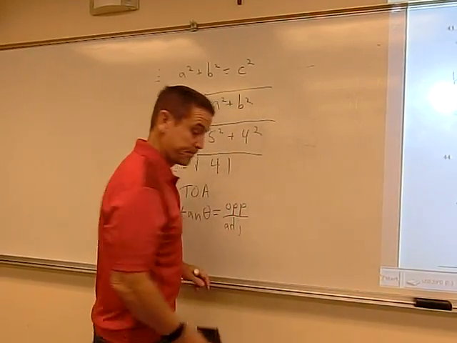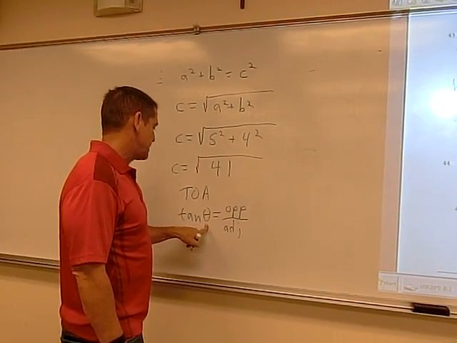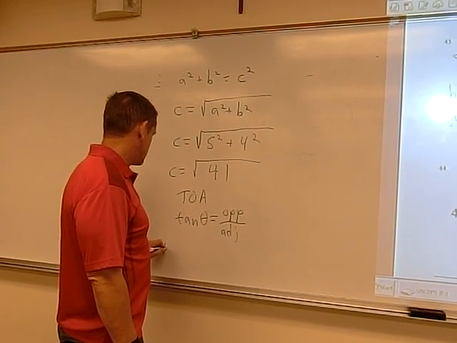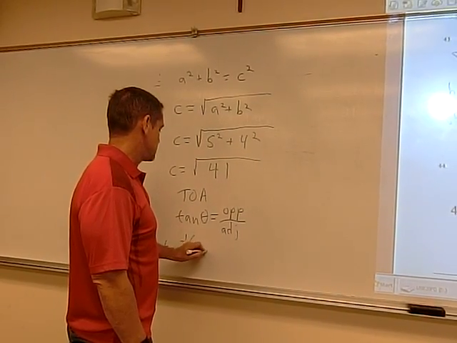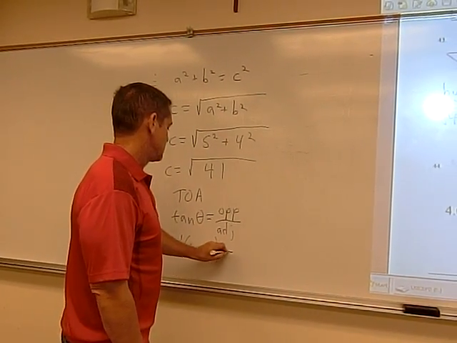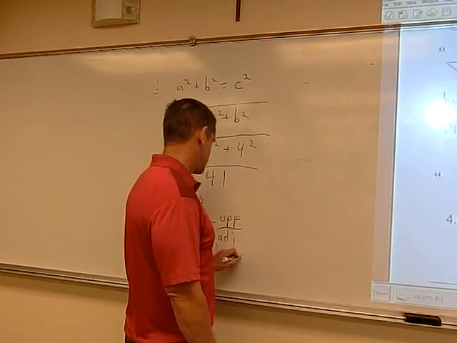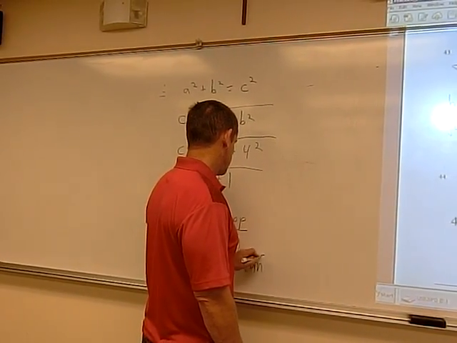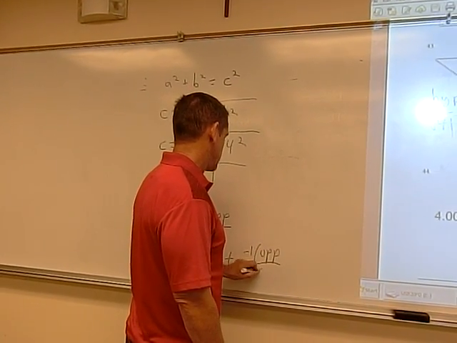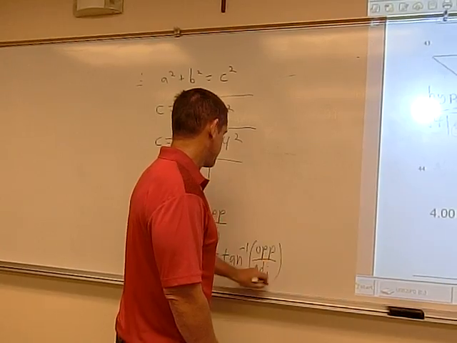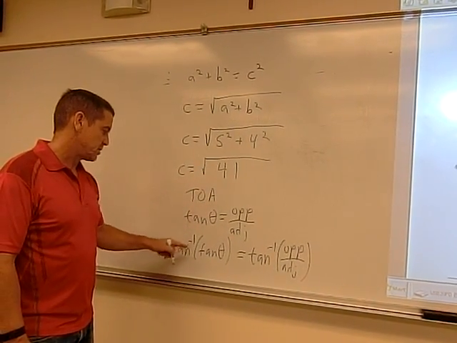Therefore, to solve for theta, you have to take the inverse tangent of both sides. Take the inverse tangent of the tangent of theta. Whatever you do to the left-hand side, you got to do the same thing to the right-hand side. So you get the inverse tangent of the opposite over the adjacent. What is this function, the inverse tangent?